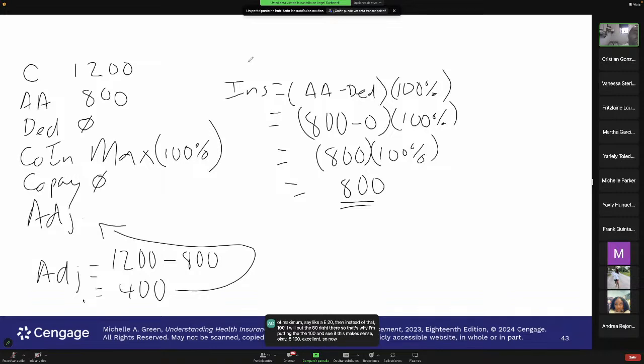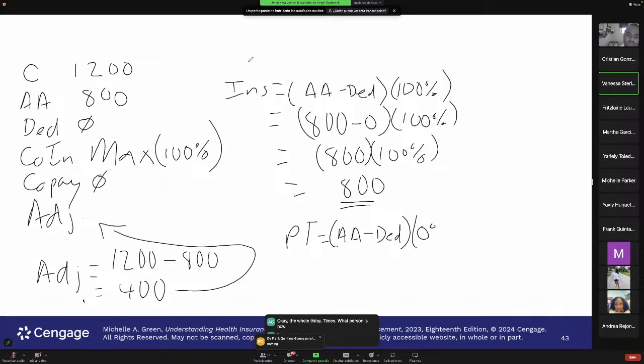So now the other part of the question might say, how much is the patient going to pay? And you remember, you will go allowed amount minus deductible, the whole thing times what percentage now? 0. So you could stop there, or you can say, no problem, that plus deductible plus copay. And when you put copay, you don't think it's charges.